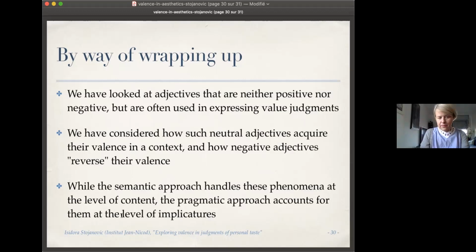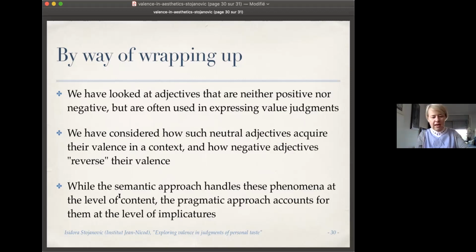And what distinguishes overall a semantic from a pragmatic approach is that a semantic approach tries to get all these phenomena of evaluation at the level of content, really see how you get value into what is semantically expressed, whereas a pragmatic approach accounts for them at the level of implicatures. And here I haven't talked about what would be the arguments for one and for the other.